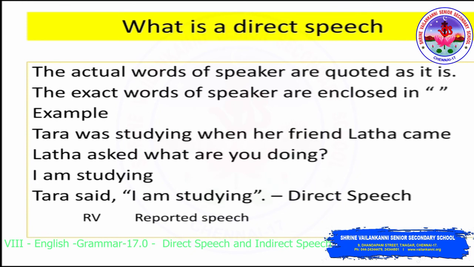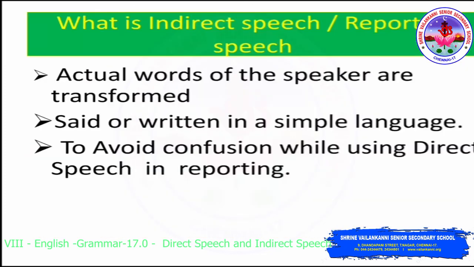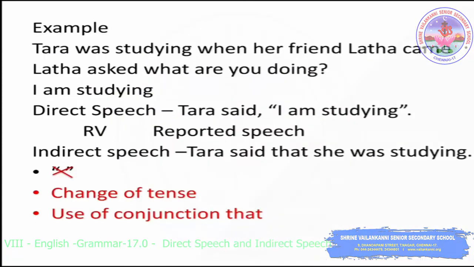The exact words of the speaker are enclosed with inverted commas. Finally, in indirect speech, the actual words of the speaker are transformed, and said or written in simple language. So that's all about direct and indirect speech.